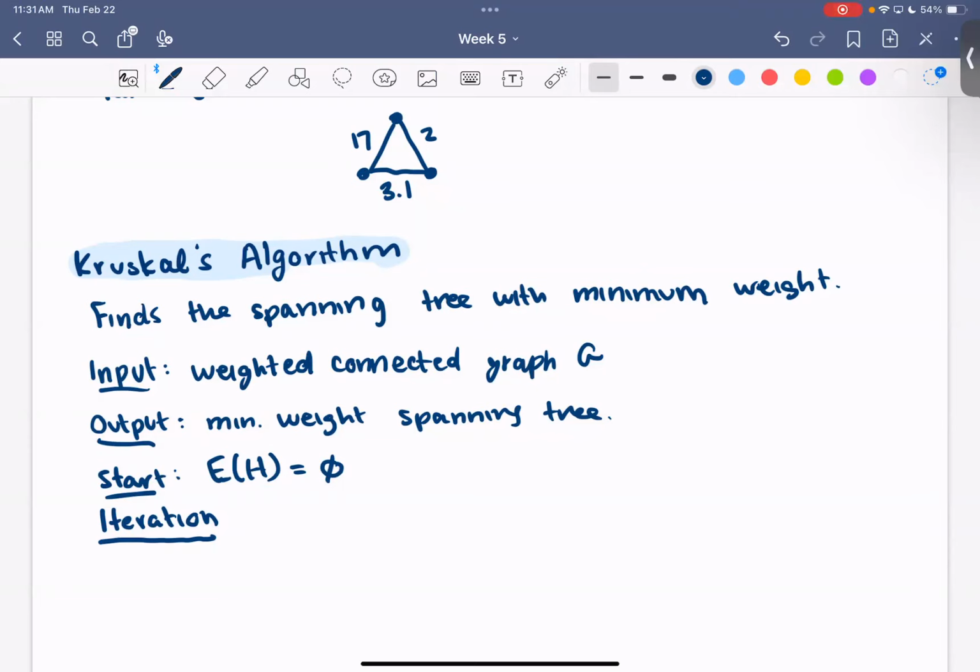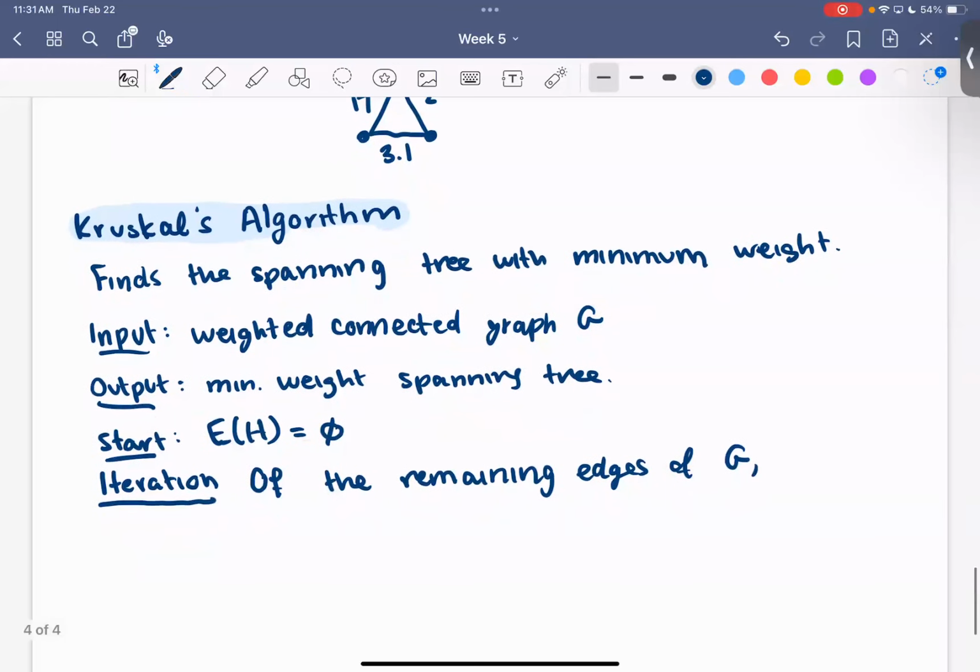So I'll write something down. Of the remaining edges of G, we'll consider the one of lowest weight.